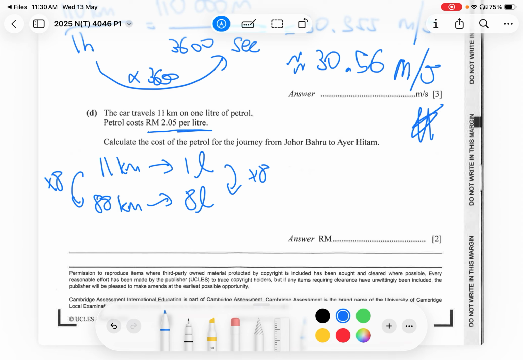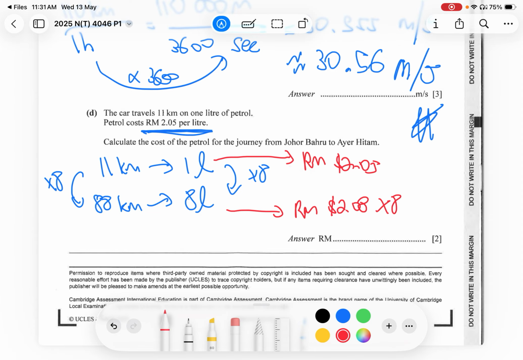Then it costs 2.05 ringgit per liter. 1 liter is ringgit 2.05. 8 liters will be ringgit 2.05 times 8. Then the answer is 16 ringgit 40 cents.